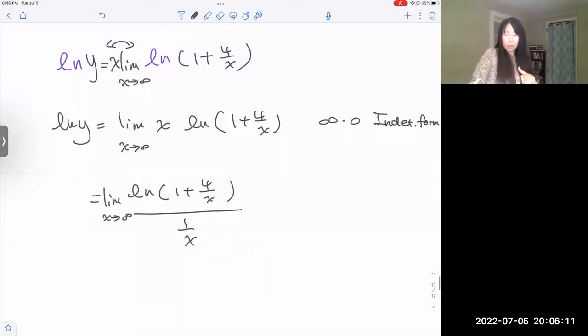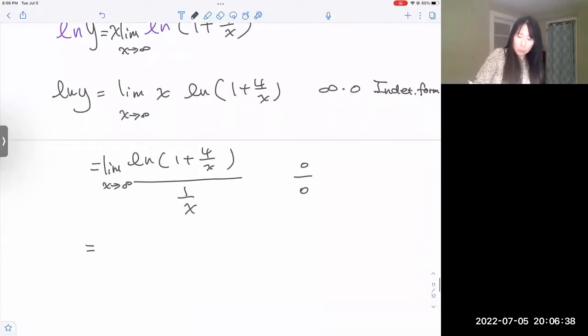Looks correct, yes. Okay, then ln 1, which is 0, and the denominator is 0 as well when x approaches positive infinity, right?